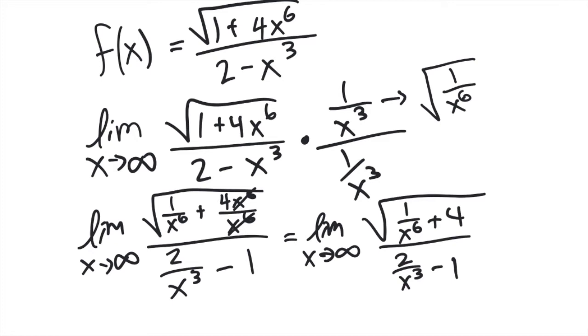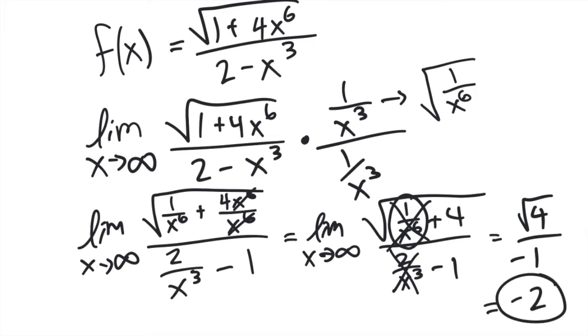So when you take the limit of 1 over x to the sixth as x is going to infinity, that ends up being just 0. And then 2 over x to the third on the bottom, as x goes to infinity, that ends up being just 0. What you're left with is the square root of 4 divided by negative 1. And the square root of 4 is 2, so you end up getting negative 2 as your answer there.